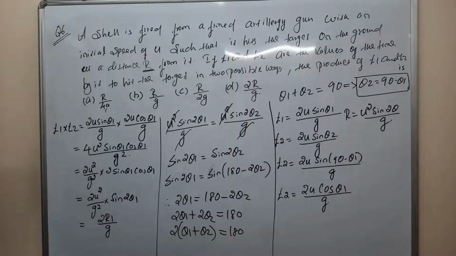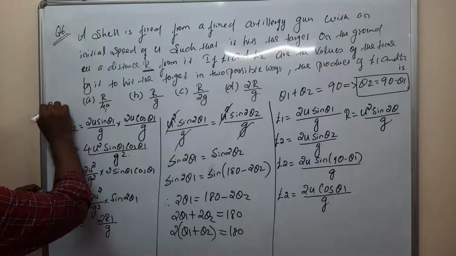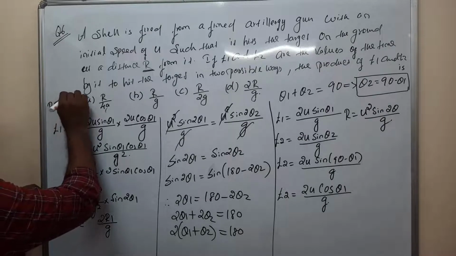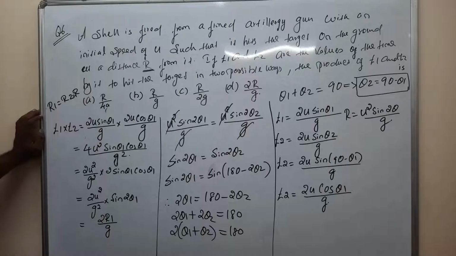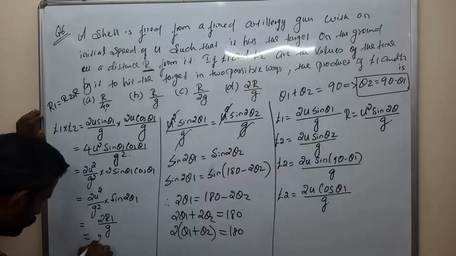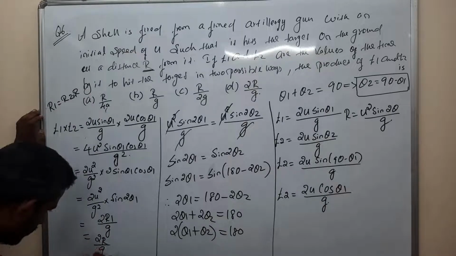From the initial case we have proved that R1 is equal to R2 is equal to R. So we can write 2R divided by g.